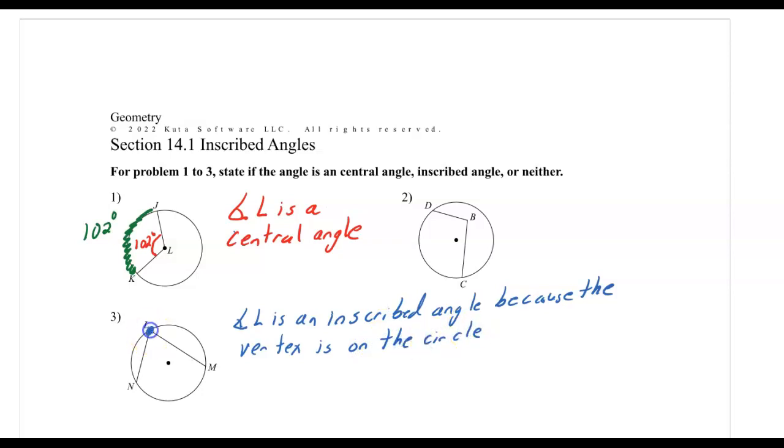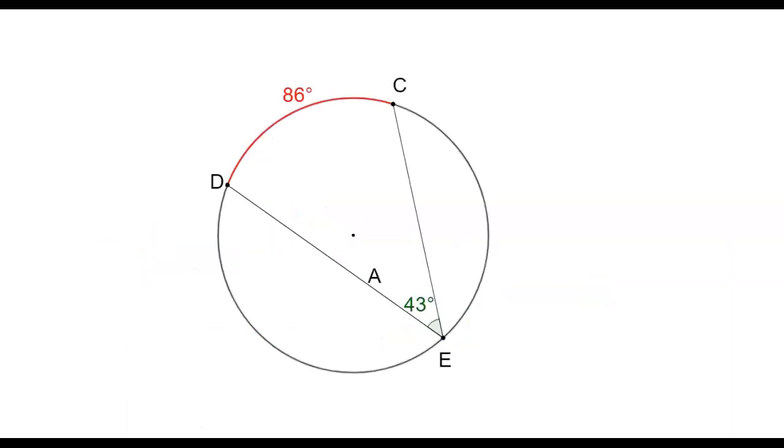So this vertex L is on the circle, and we call this angle an inscribed angle. And if I said this angle here was 80 degrees, the question becomes, what is the arc? So we're going to take a look at a picture here.